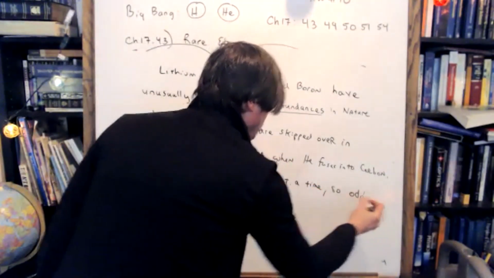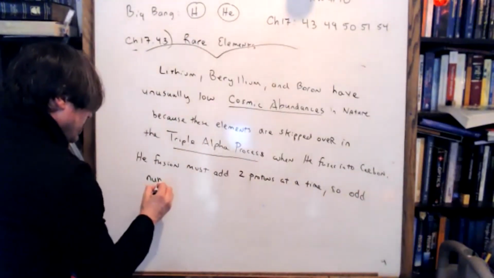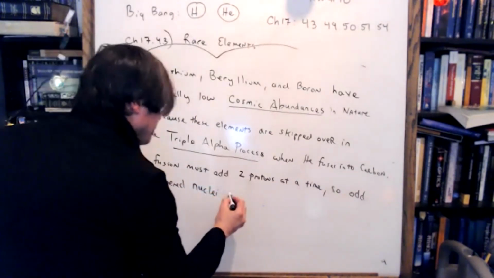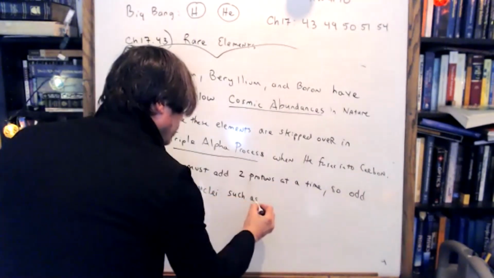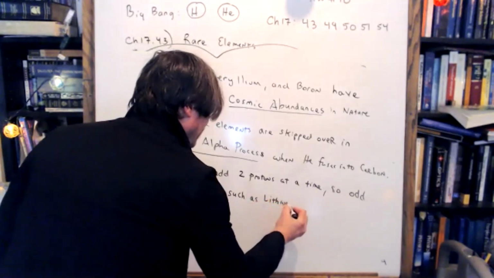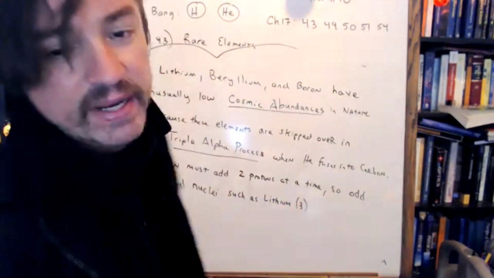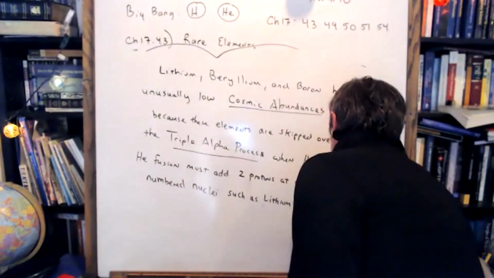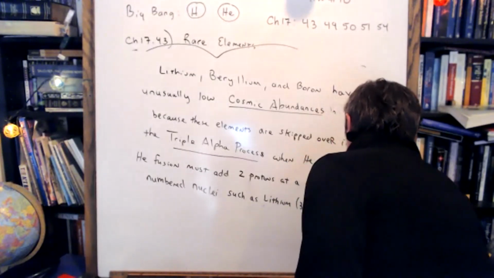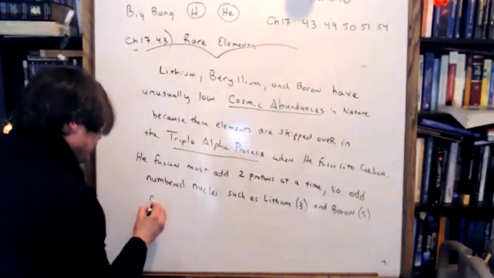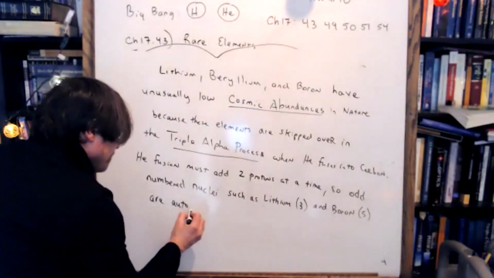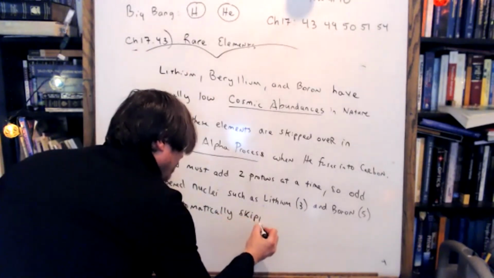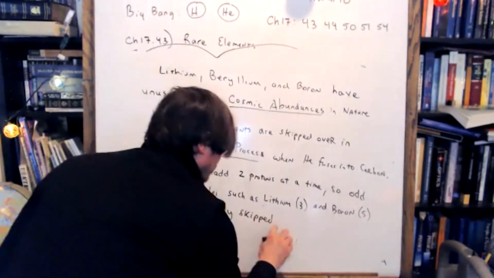So odd numbered nuclei, such as lithium, we'll put the atomic numbers in parentheses, 3, and boron, 5, are automatically skipped over. I'll just say automatically skipped during fusion.